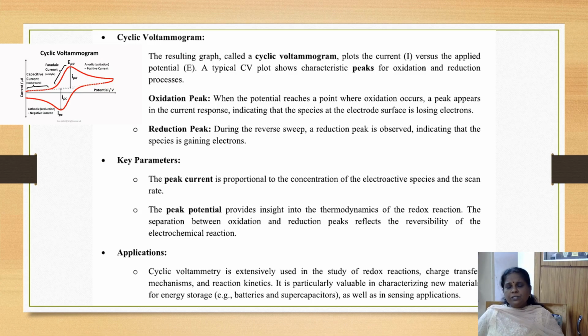So the applications of CV: it is extensively used in the study of redox reactions, charge transfer mechanisms, and kinetics, and it is particularly valuable in characterizing new materials for energy storage devices such as batteries and supercapacitors, and also it has its applications in sensors.